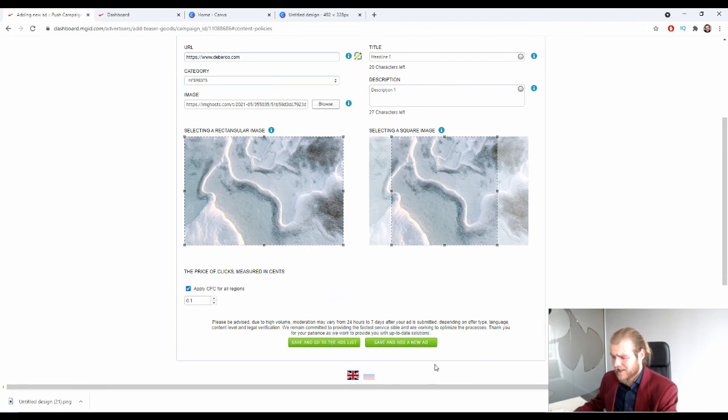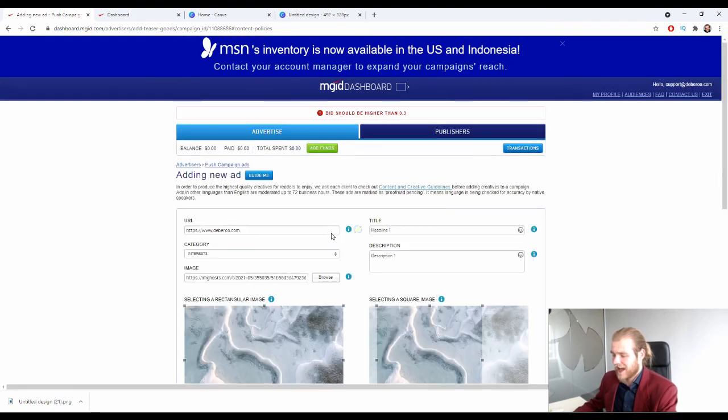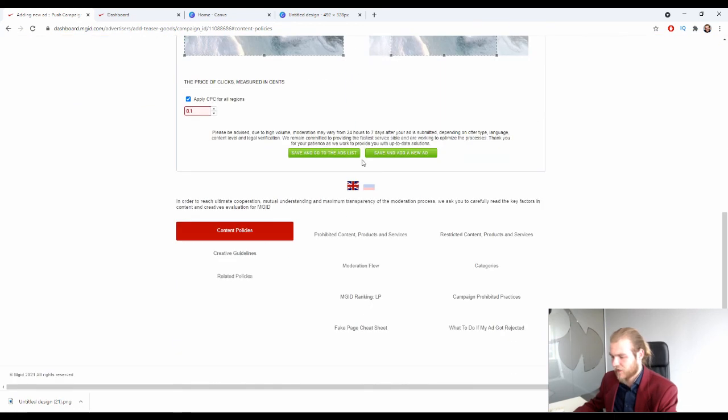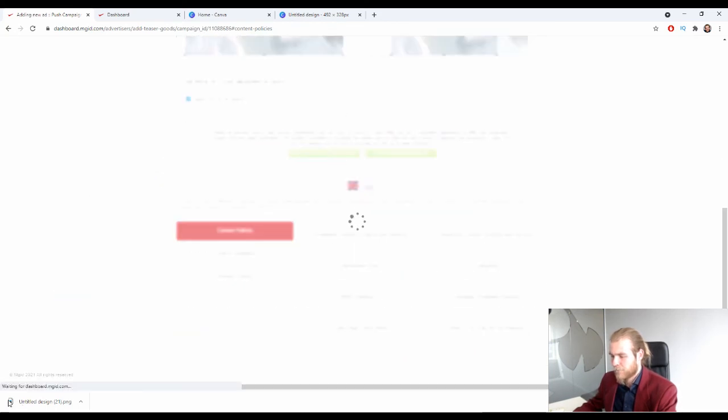There's one thing that I'm missing, by the way. We do not have the option for an icon, so it's only an image and no icon that we can attach. Let's save this and go to the ads list. The bid should be higher than 0.3 cents, which it's not right now. It's 0.1 cents. So let's make that to the minimum and then try that again.